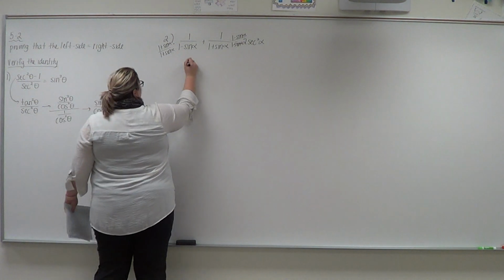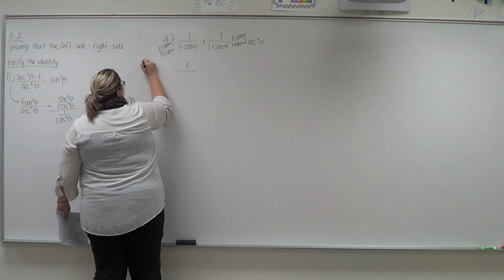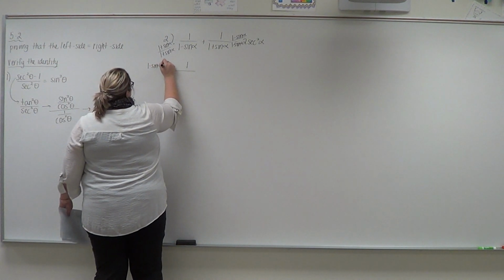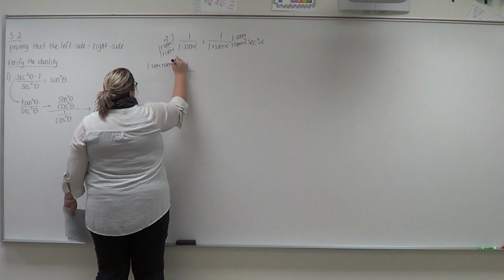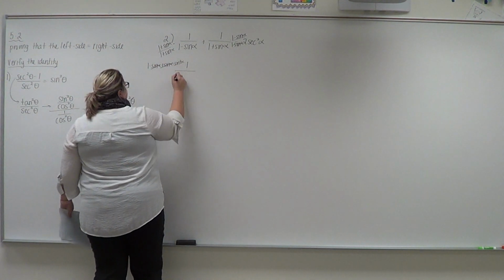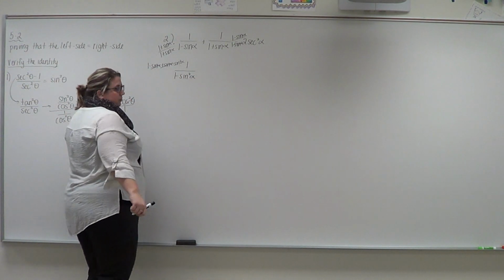So then I have 1 on top. When I multiply this together, that gives me 1 minus sine plus sine minus sine squared. Minus sine plus sine cancel, so this is just 1 minus sine squared.